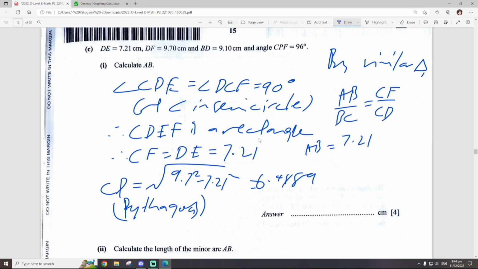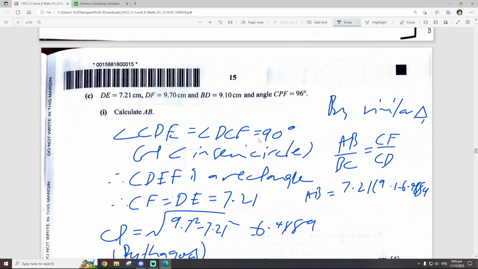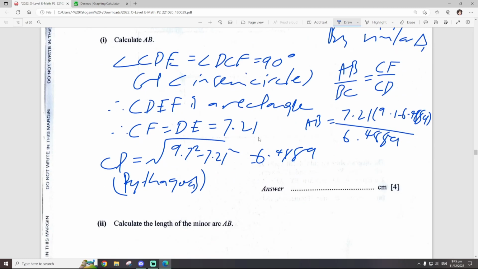And then BC is BD minus CD, so 9.1 minus 6.4889, divided by CD itself, which is 6.4889. Okay. You will get 2.90 to 3SF. Let's write 2.9013. Okay, 2.90.